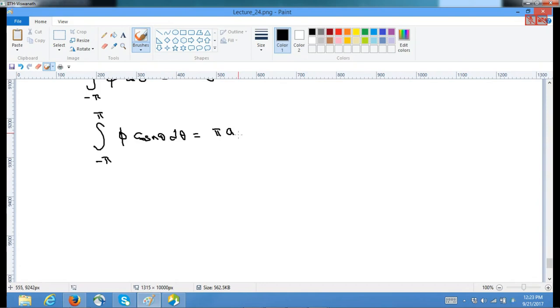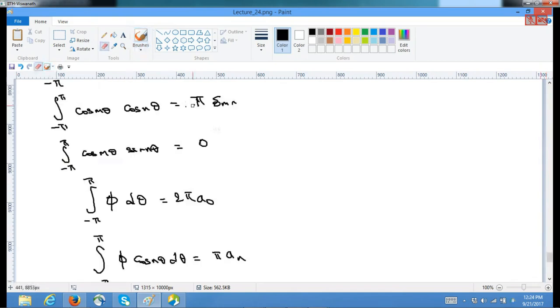And similarly, if I integrate from minus pi to pi phi sin n theta d theta, I would get pi b n. I think I made a mistake earlier; this one is still pi delta mn.